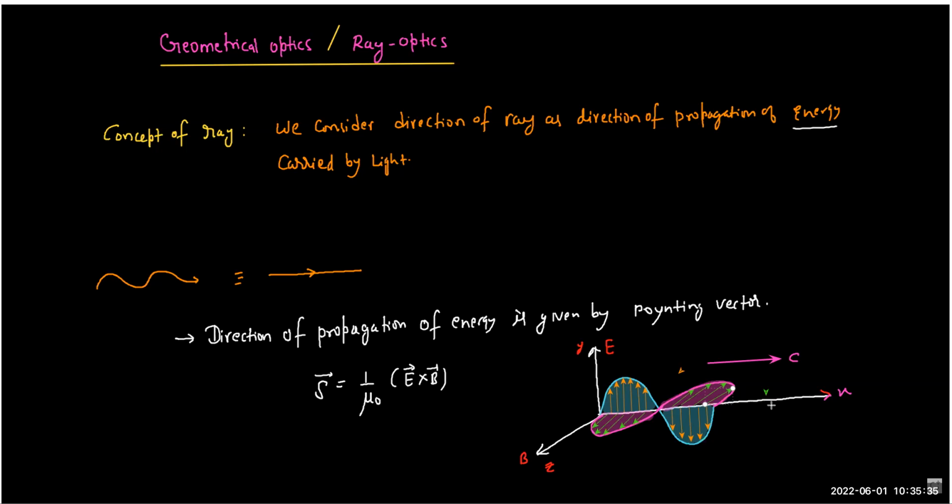So now the light ray, although these electric and magnetic fields are oscillating in this fashion, we assume propagates in one direction.